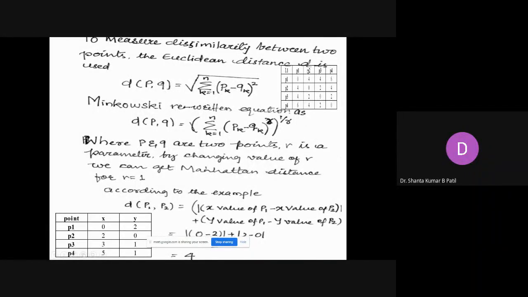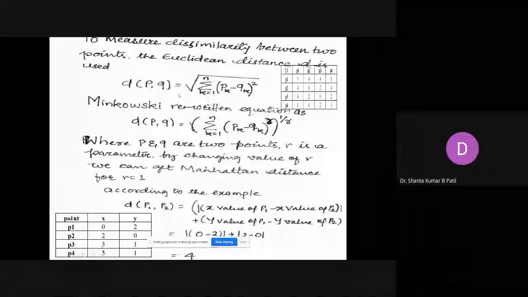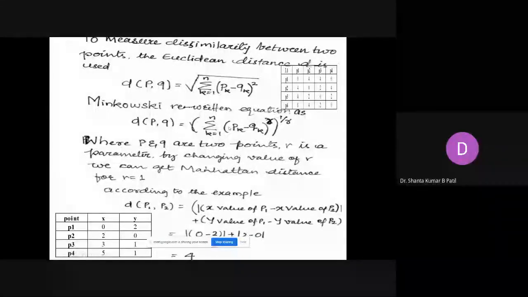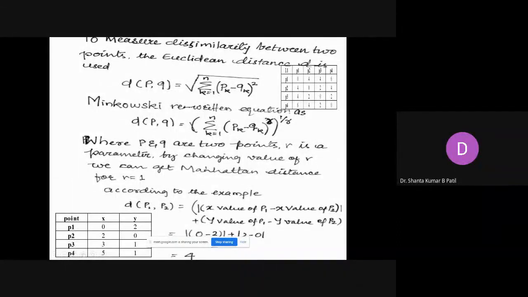So we are finding the similarity as well as dissimilarity between the 2 points with the equation d of p of q is equal to the square root of k equal to 1. That's what Minkowski has rewritten as the equation.